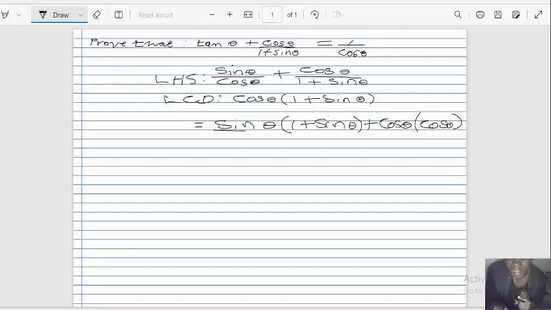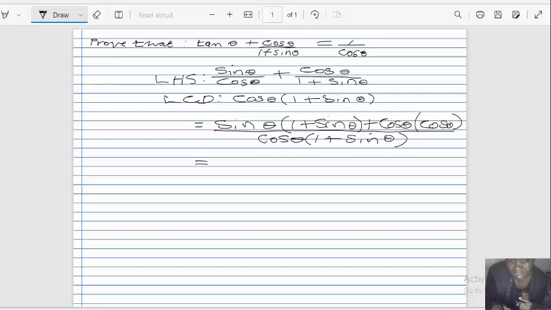So now that we are at this point, remember we keep the LCD, which is your cos theta, 1 plus sin theta. Okay, so to solve this further, we need to multiply into the bracket clearly, right? Let's just try to group it.